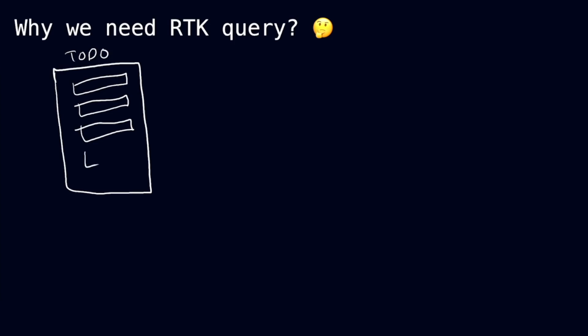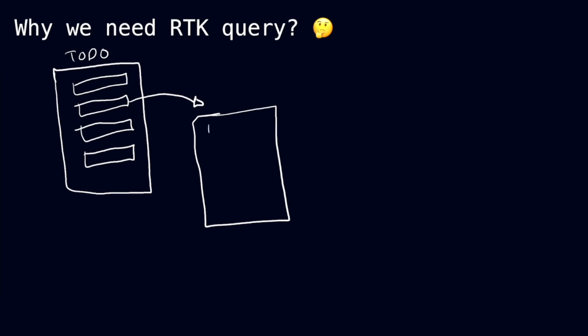The complexity starts when you want to, for example, click on one of these to-dos, and one of these to-dos should take you to another screen. And in this screen, you should see details for this specific to-do, right? Now here you can see the title and the content of this to-do. Now at this point, we are in another screen, right?